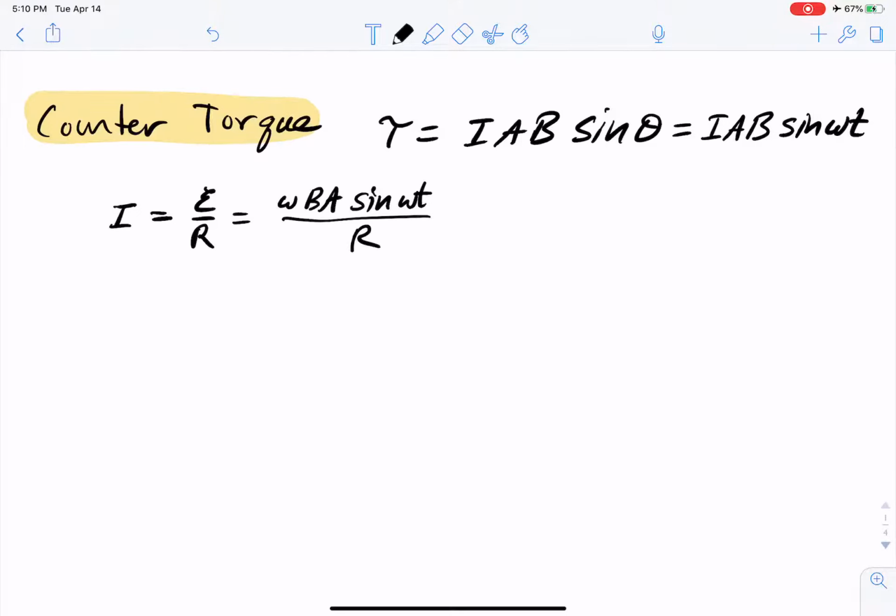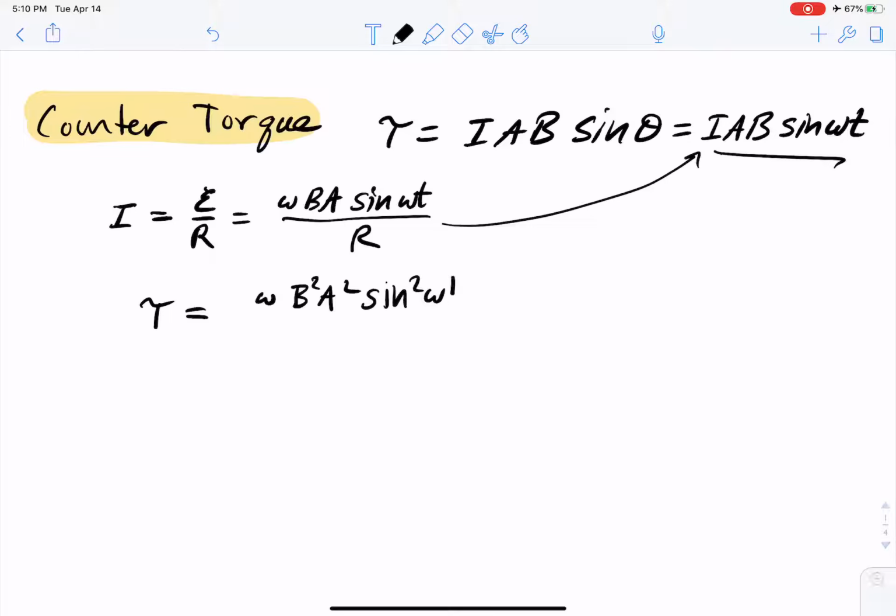So combining these two, we find that the torque, just substituting this into that equation, we see that we have two of these BA sine omega t's. So we've got an omega B squared A squared sine squared.